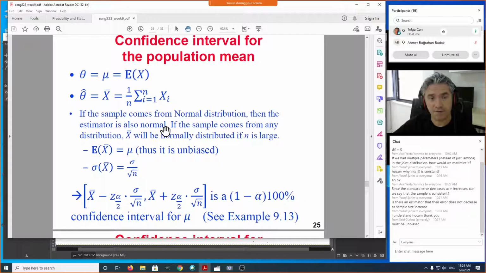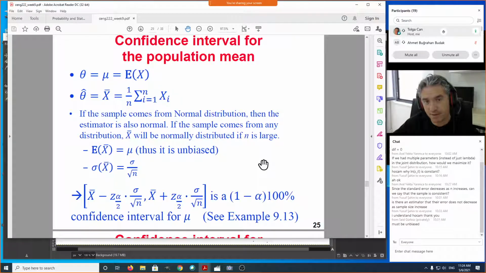Even if your sample size is small, if it's coming from a normal distribution, the estimator is also normal. If the individual variables are not coming from a normal distribution, our estimator is going to be normal if the sample size is large. The second sentence says that if the sample comes from any distribution, x bar will be normally distributed if n is large because of the central limit theorem.